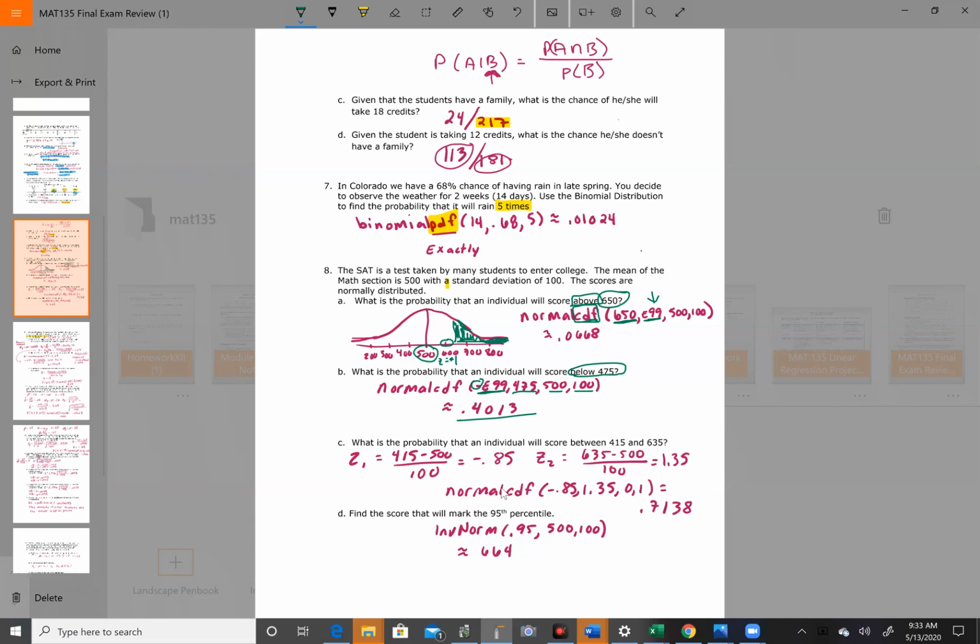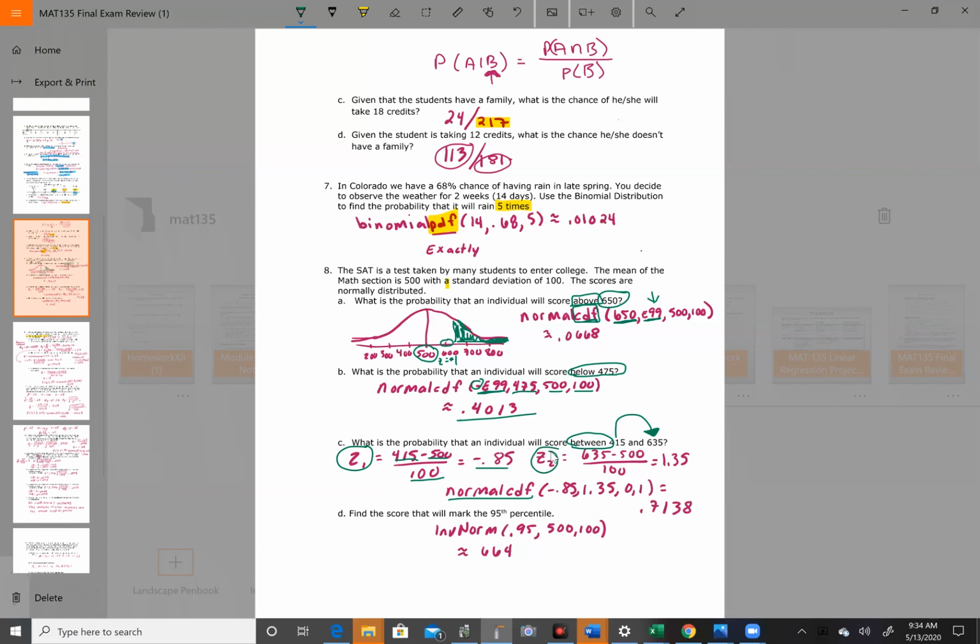What is the probability that an individual will score between 415 and 635? In this case, if something says between, you get a better answer if you find the z-scores and do it this way. So we're going to still use the same normal CDF, but you will get a better answer if you use your z-scores. To find z1, I put the observed 415 minus the mean 500 divided by the standard deviation 100, and you get negative 0.85.